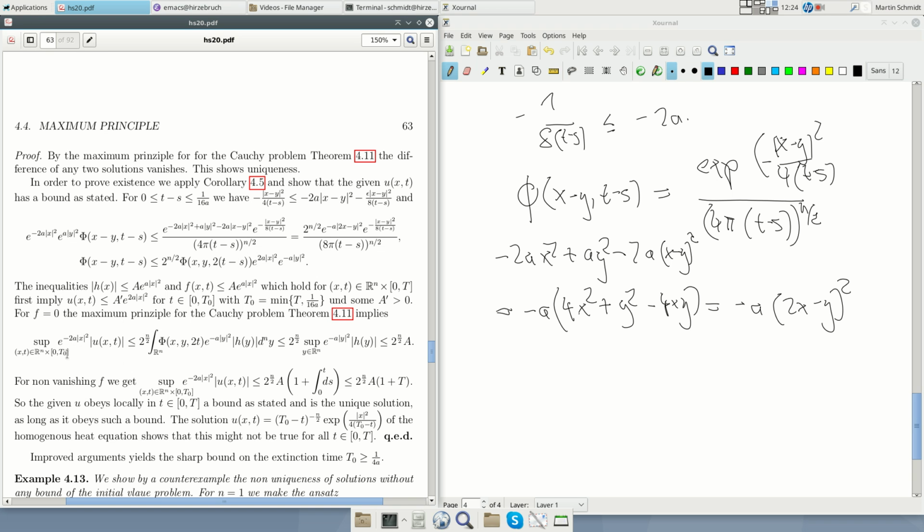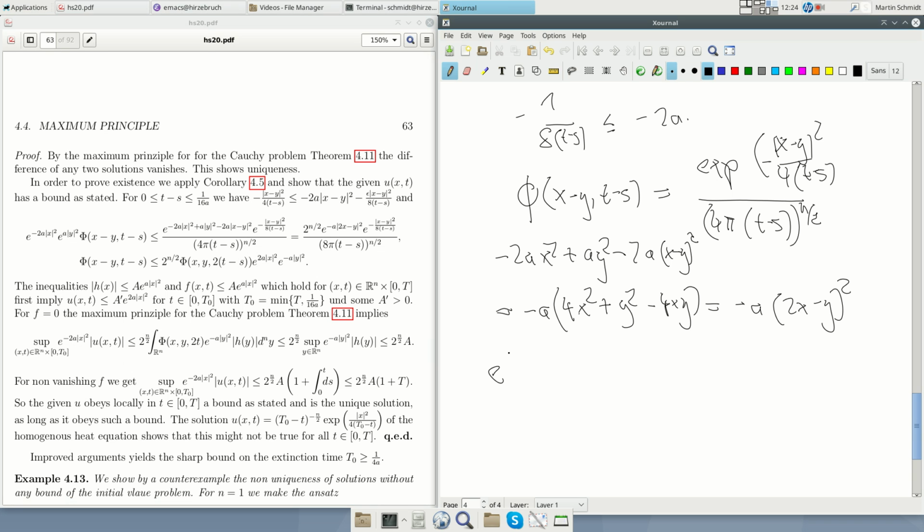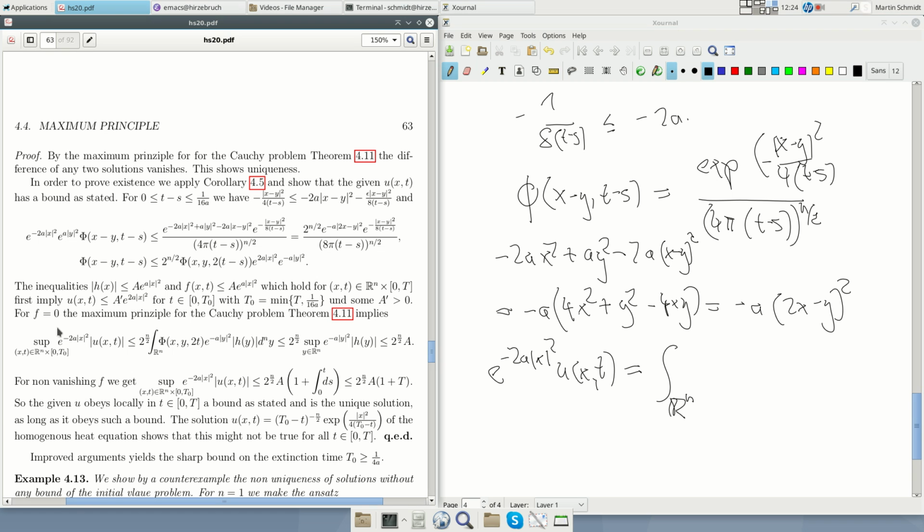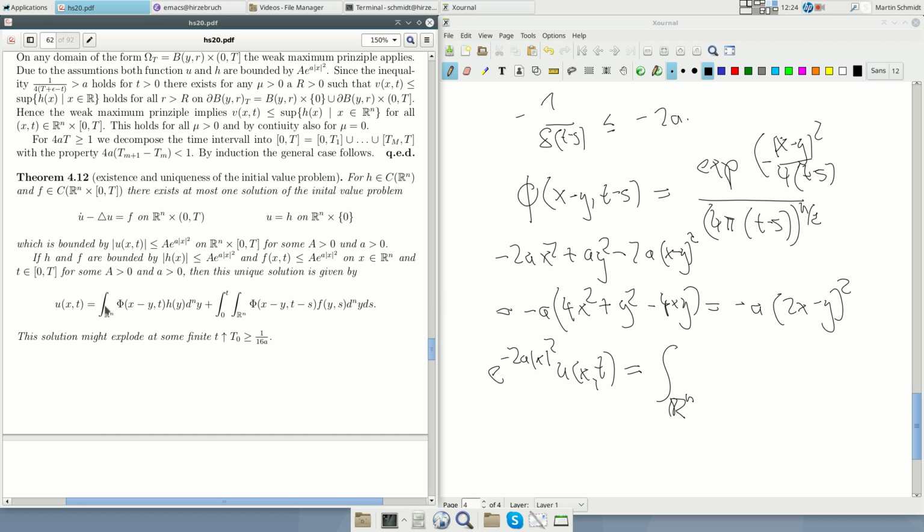So we have e to the minus 2a x squared u of x, t is of course the same as the integral over Rn. Here first we assume f is 0, so we only have this integral.